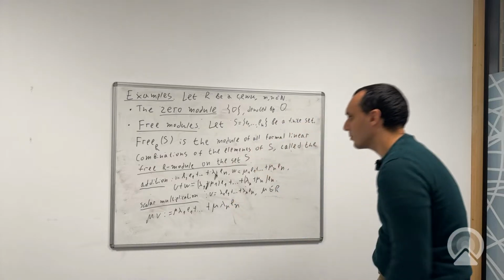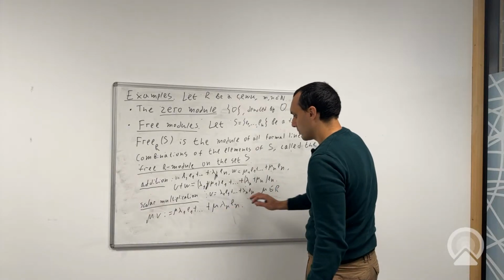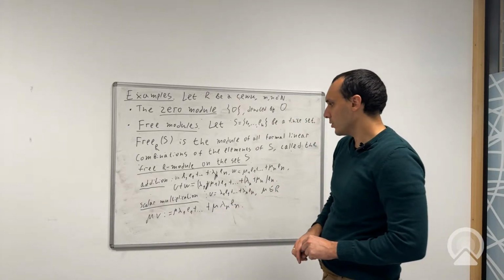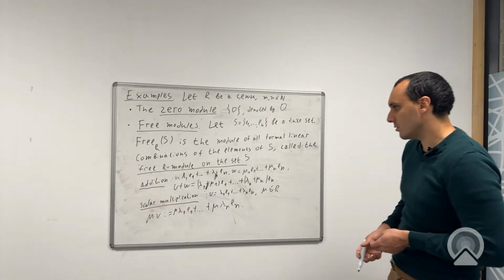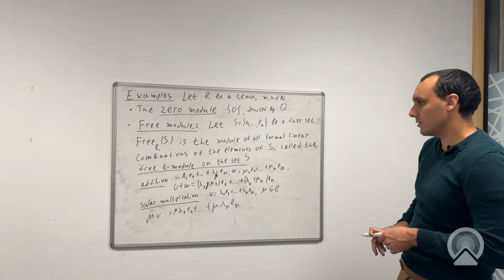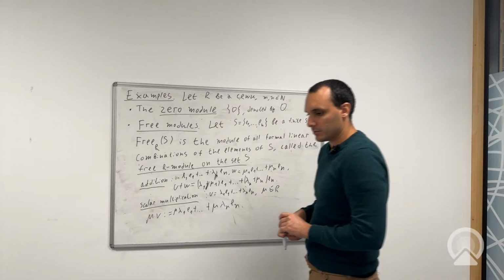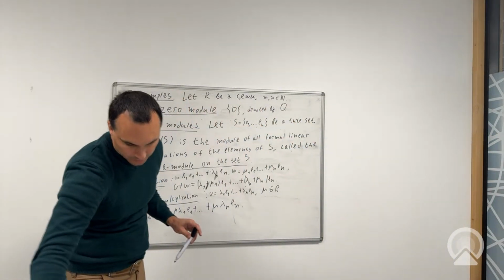So we are multiplying all the coefficients lambda 1 to lambda n by mu. This is the free module. It's easy to check that it satisfies the axioms of a module, the 8 conditions.